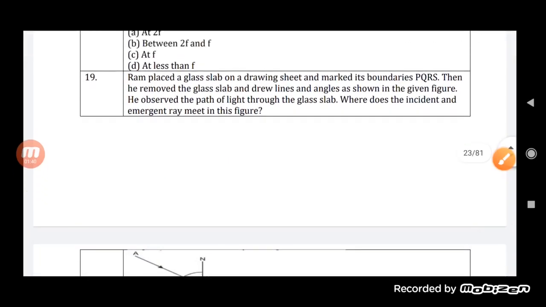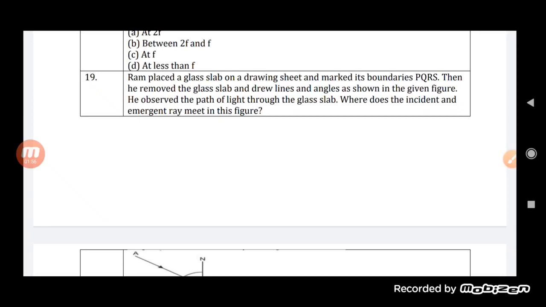Ram placed a glass slab on a drawing sheet and marked its boundary PQRS. Then he removed the glass slab and drew a line and angle as shown in the figure. He observed the path of light through the glass slab.